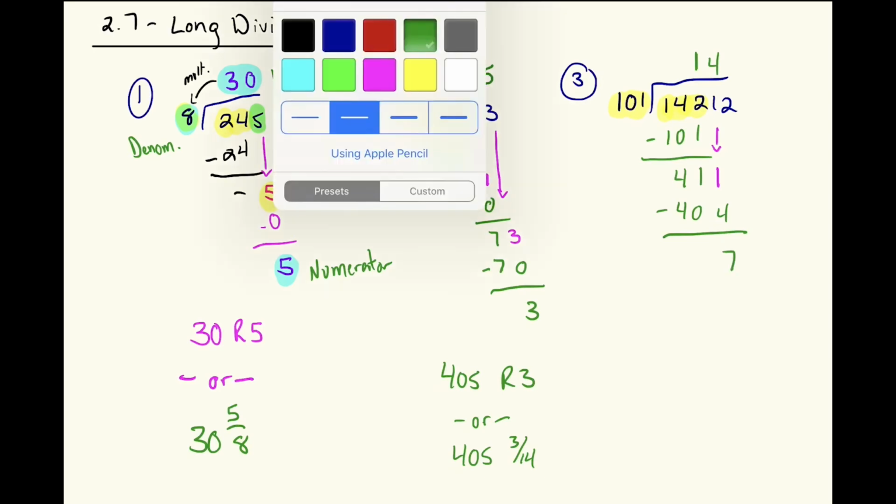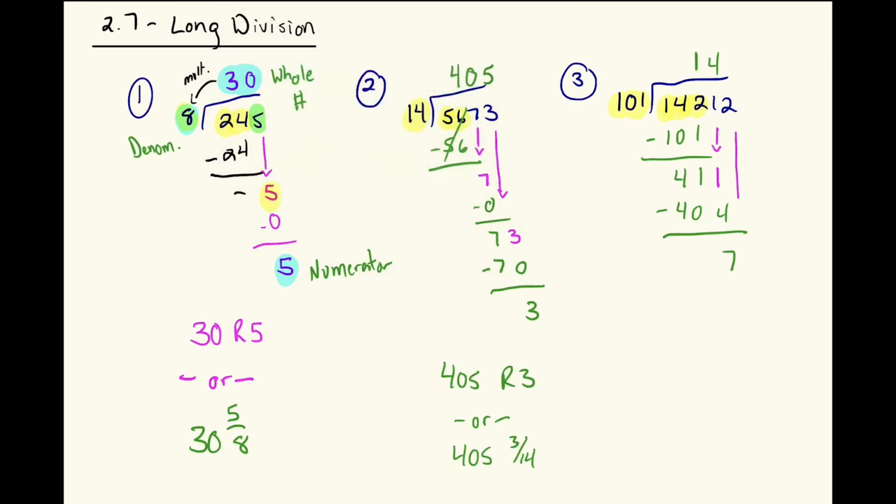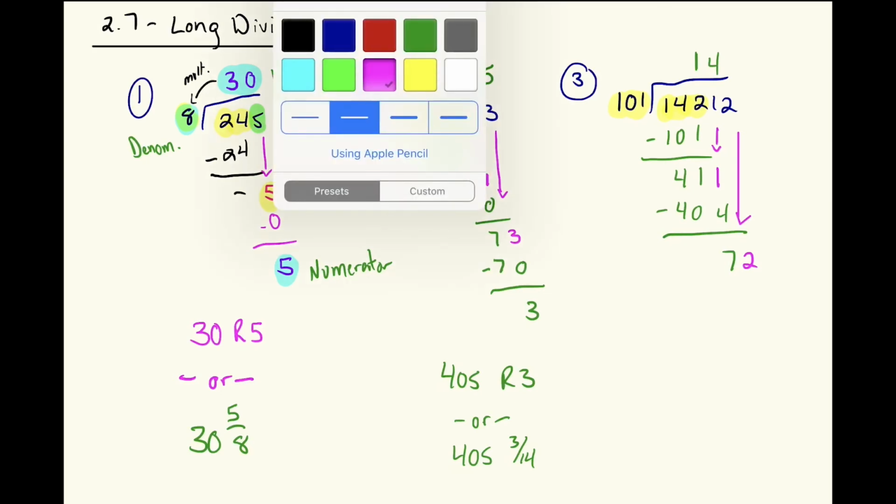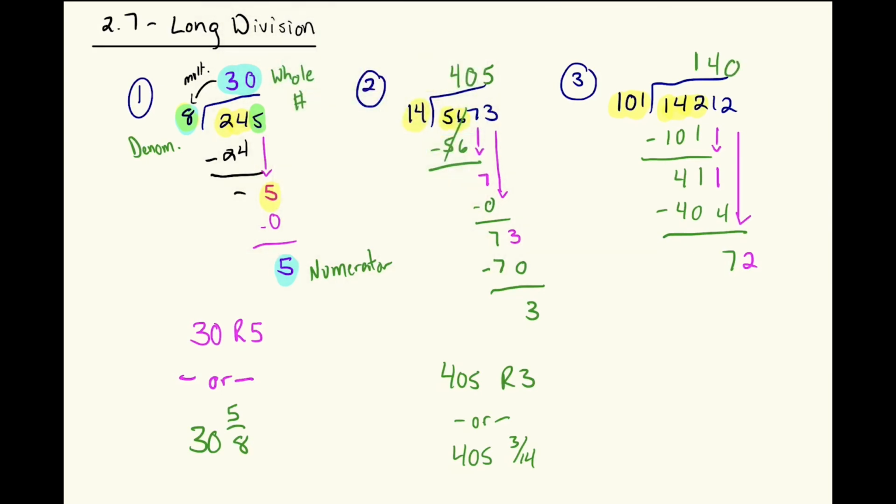And now we drop the last place value all the way down, which is a 2. And then we ask ourselves, how many times can 101 go into 72? 101 cannot go into 72, so that's a 0. Multiply, subtract, and we're finished with the problem.